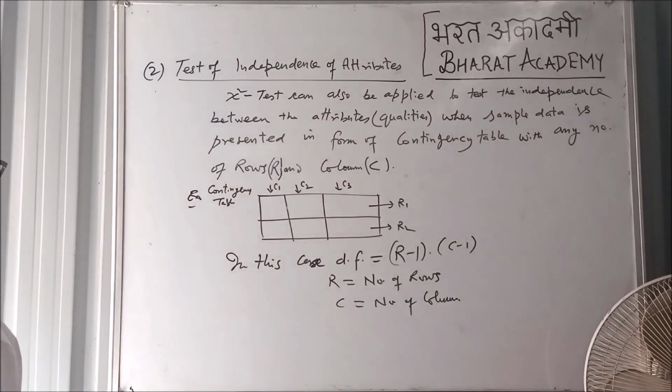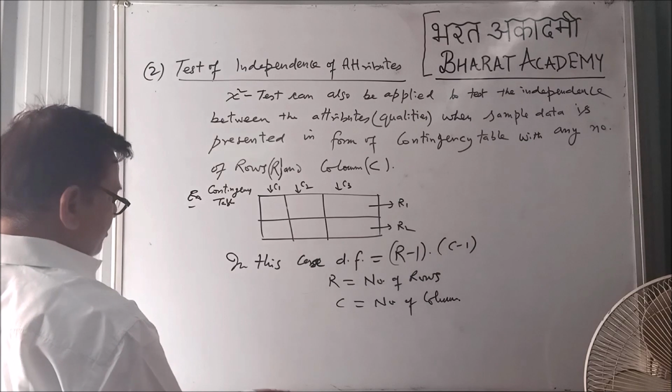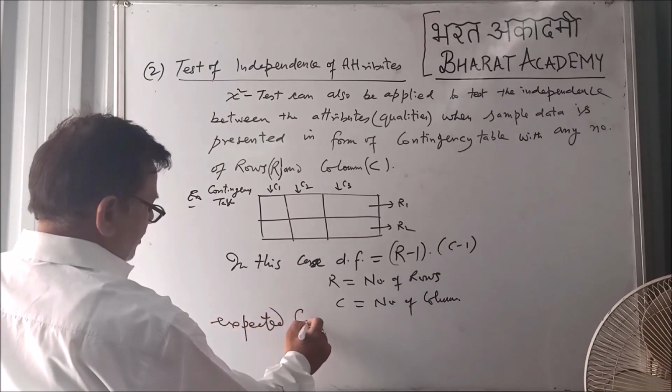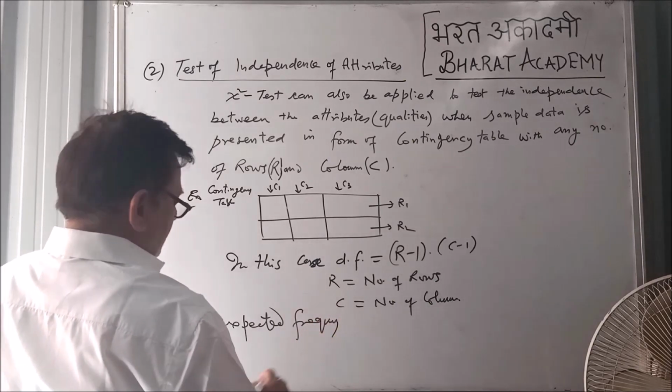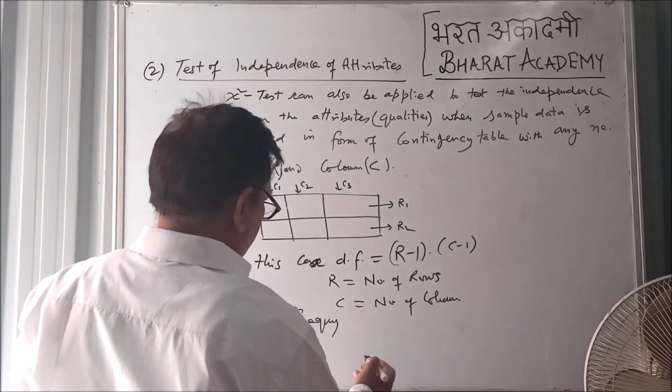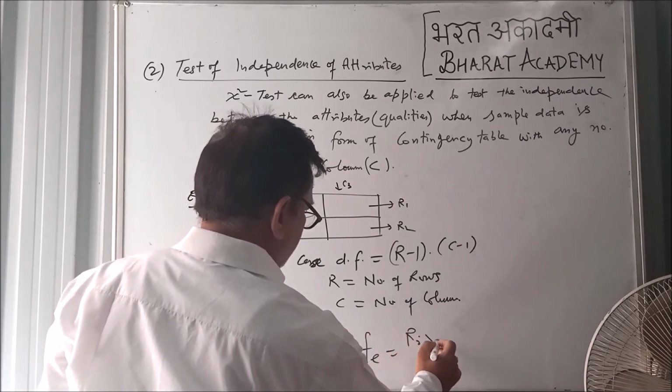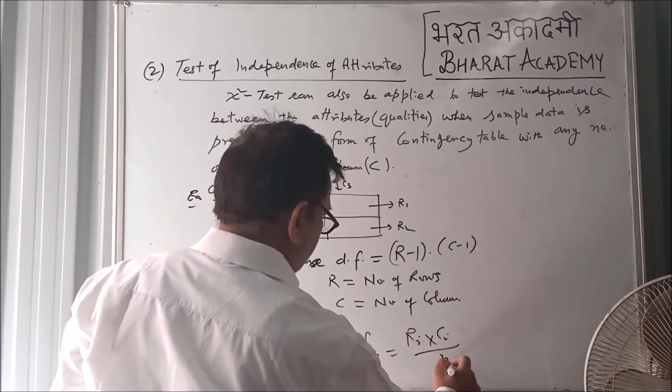And in this case, the expected frequency can be calculated by this formula: expected frequency Fe will be Ri into Ci upon n.